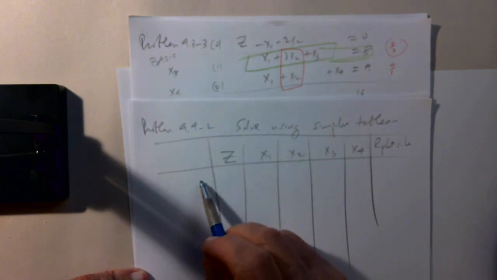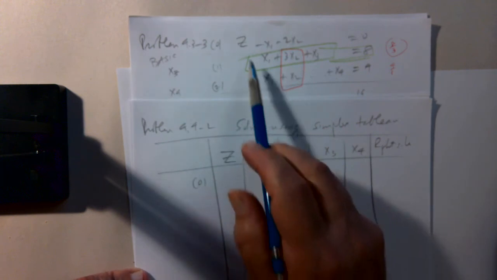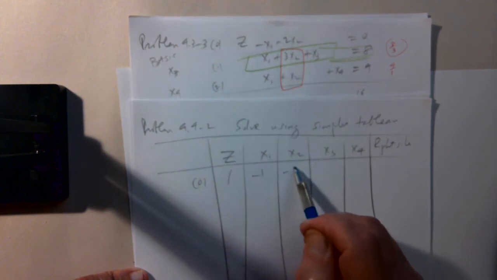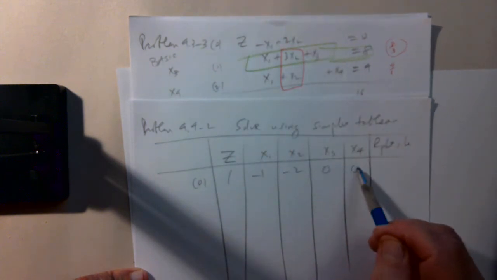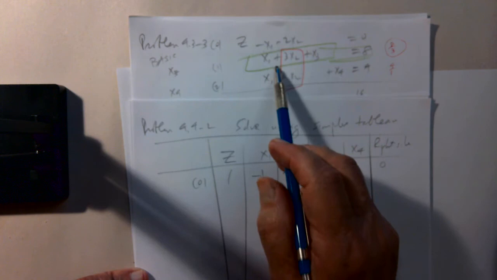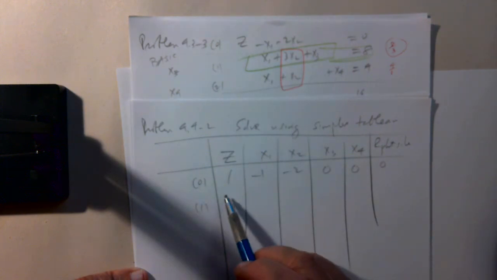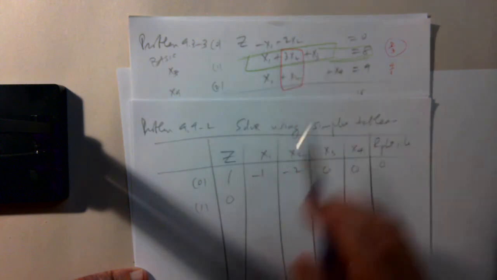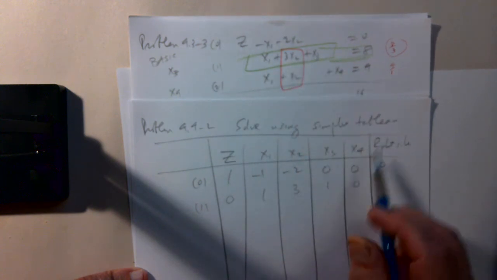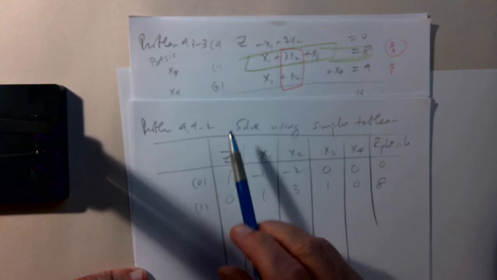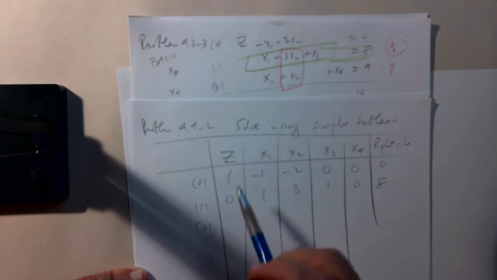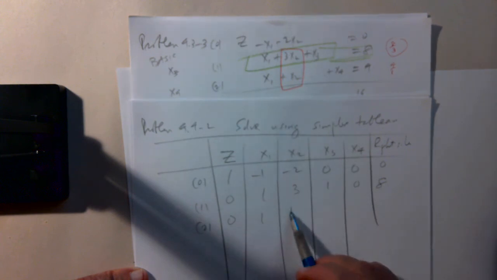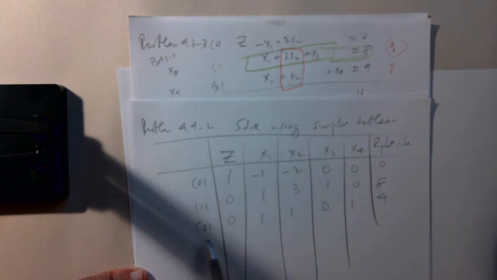And this will be equation 0. The coefficients are 1, -1, -2, 0, 0, 0. In equation 1, there's no z, 0, 1, 3, 1, 0, 8. In equation 2, there's no z, 1, 1, 0, 1, 4.